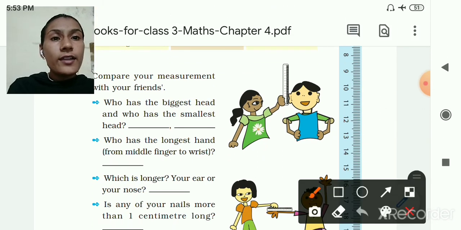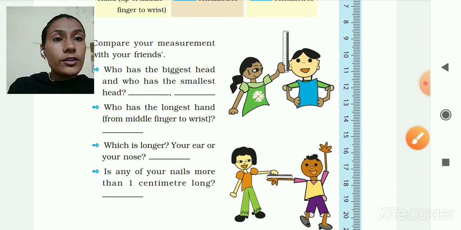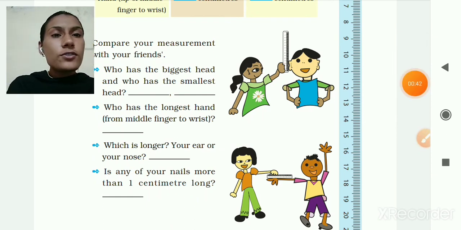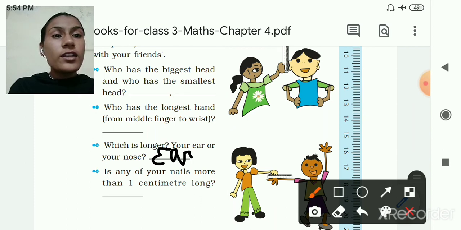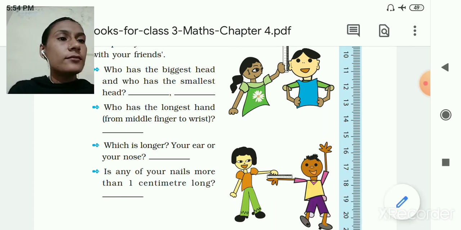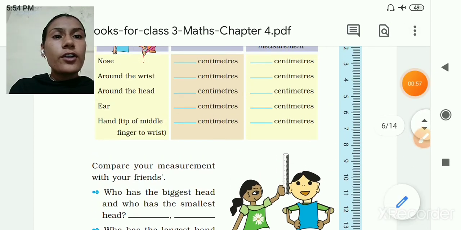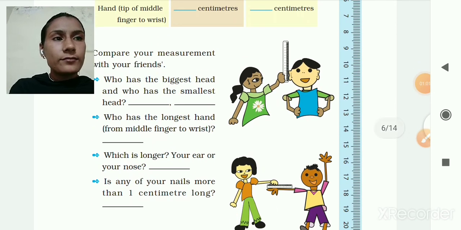If your hand is longest, you can write your name here. Who is longer, your ear or your nose? So here your ear is long. Is any of your nails more than 1 centimeter long? Yes, that is possible. So here you have to compare your measurement and write the name.